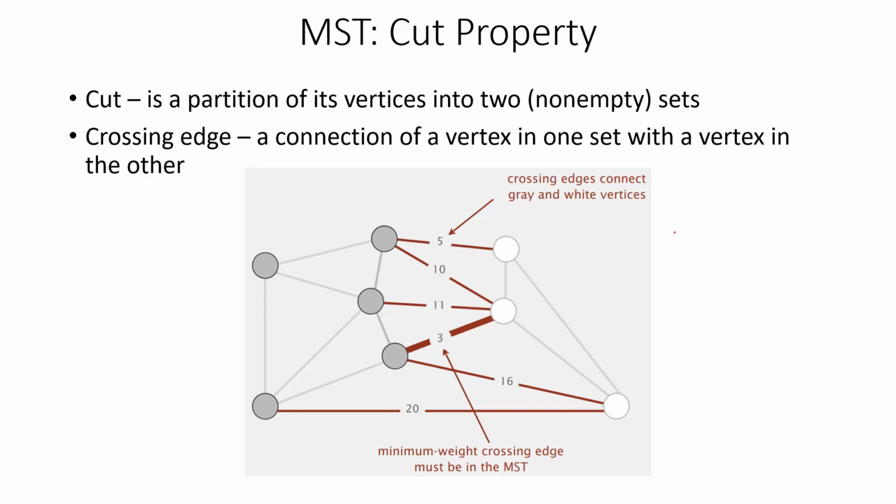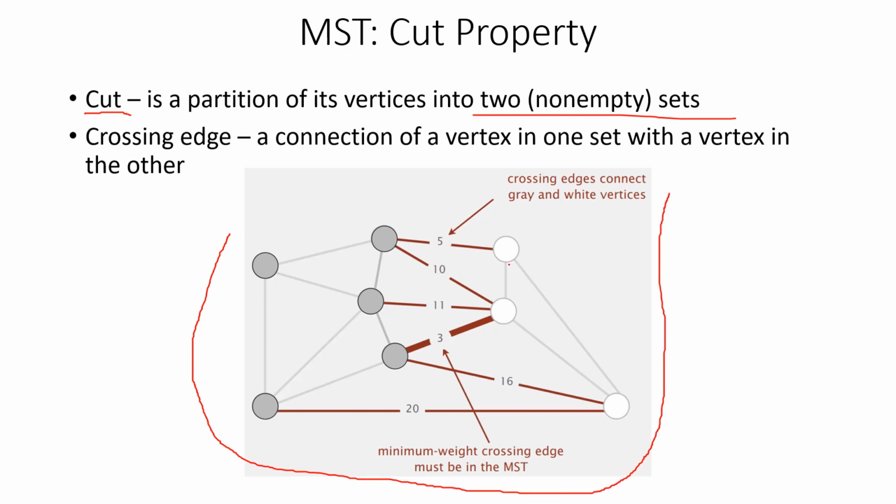Next, let's talk about the cut property. A cut is a partition of the vertices into two separate sets. For example, here in this undirected graph, the vertices colored white are one set, and the vertices colored gray are the second set.